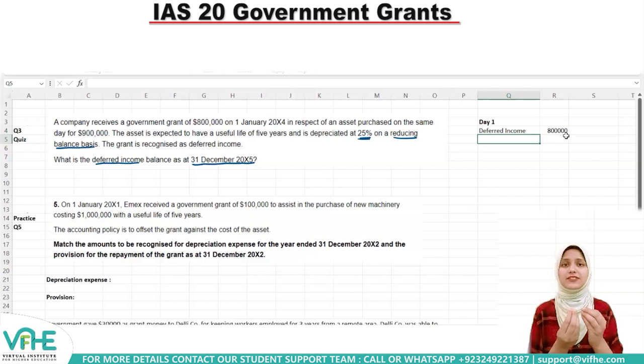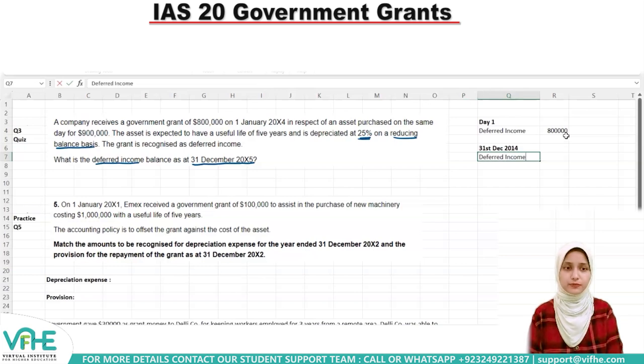You've not kept the asset for even a shorter period of time. Now, year end 1, your year end 1 is going to be 31st December 2014. Okay, so year end 31st December 2014, what is your deferred income balance going to be?